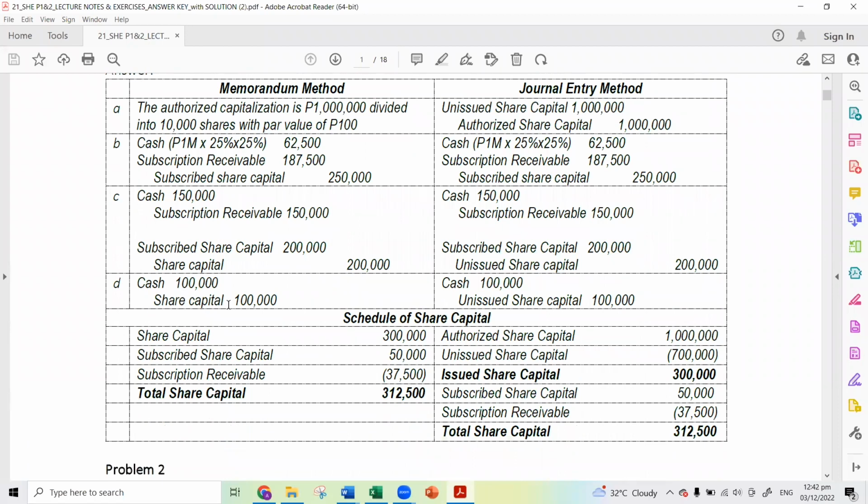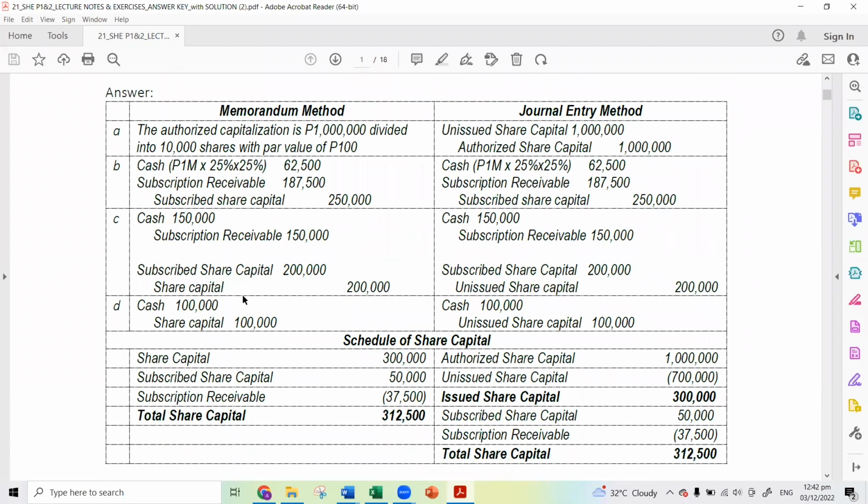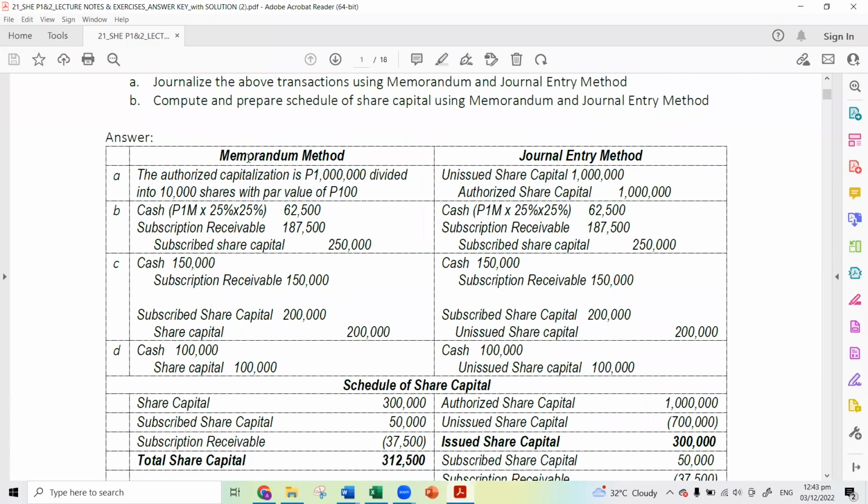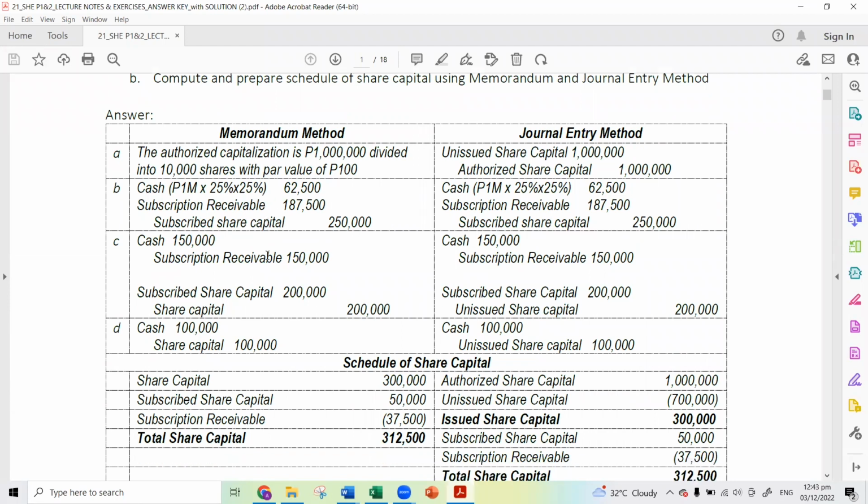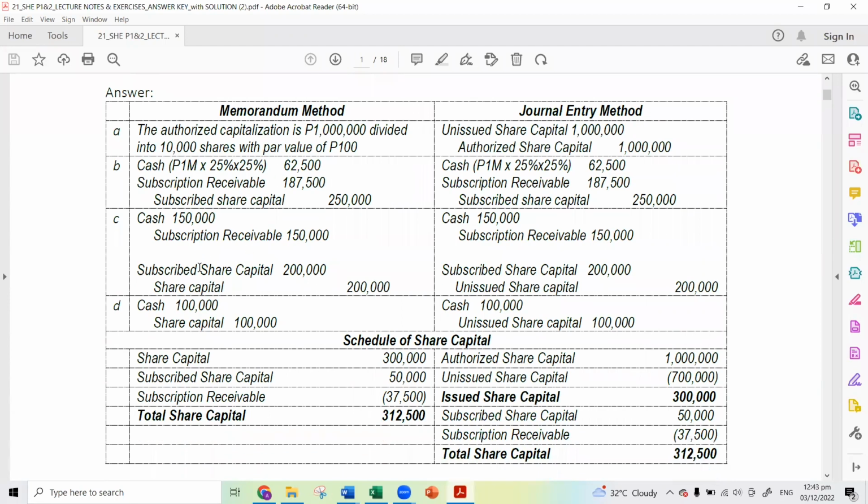Okay. Again, under memo method, only a memorandum is made for the authorized capitalization, while the subsequent issuances of shares are credited to the share capital. Okay? While under the journal entry method, the authorized capitalization is recorded by crediting authorized share capital, okay, and debiting your unissued share capital, okay?